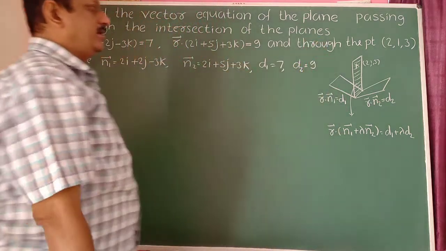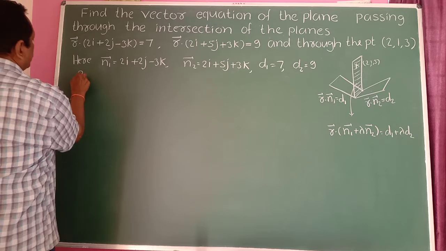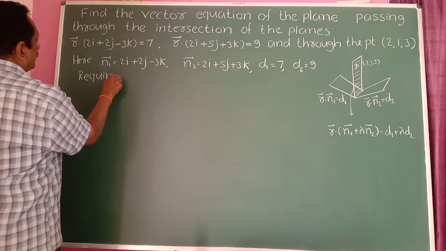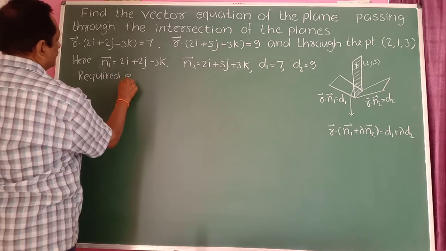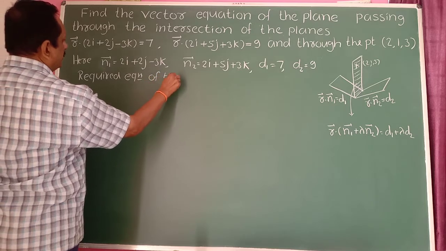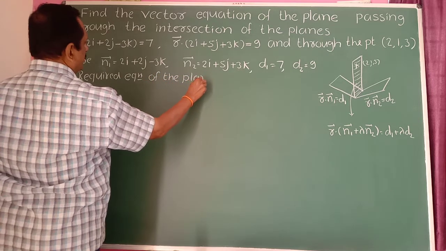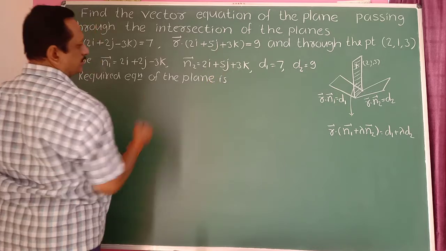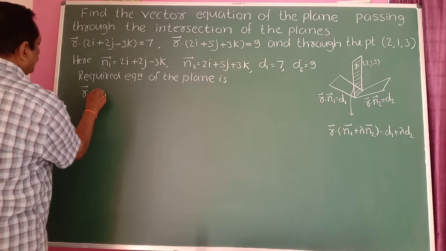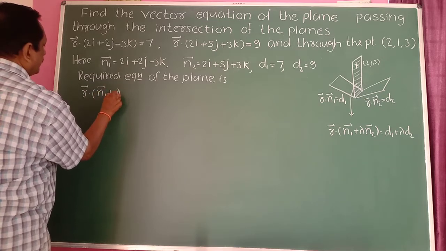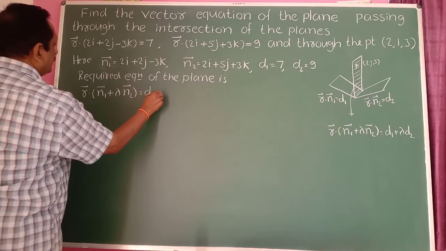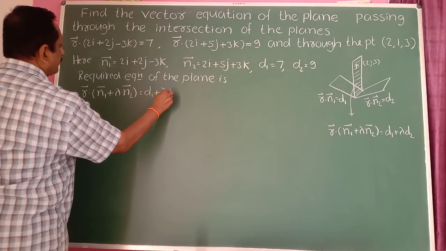Therefore, the required equation of the plane is r bar dot (n1 bar + lambda n2 bar) = d1 + lambda d2.